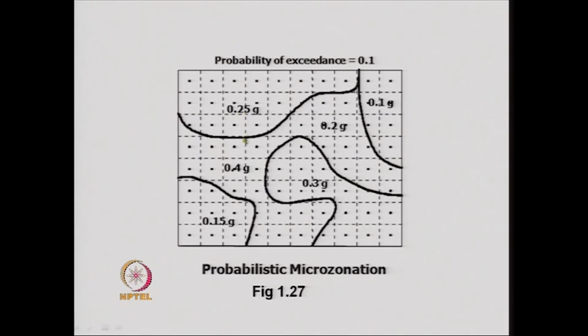Here the numbers associated with each subregion show the level of peak ground acceleration for which the probability of exceedance is 10%. So, we take 10% probability of exceedance, that is 10% risk, and based on that one can design the buildings with this peak ground acceleration.